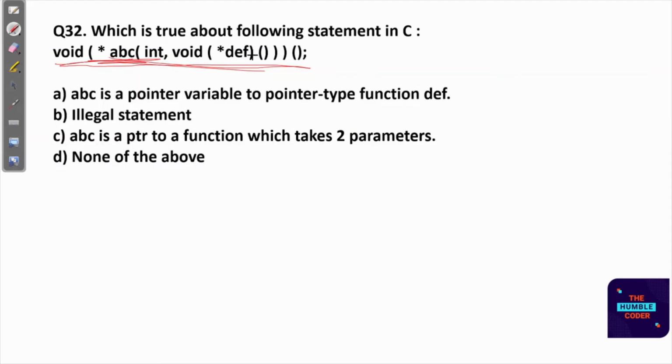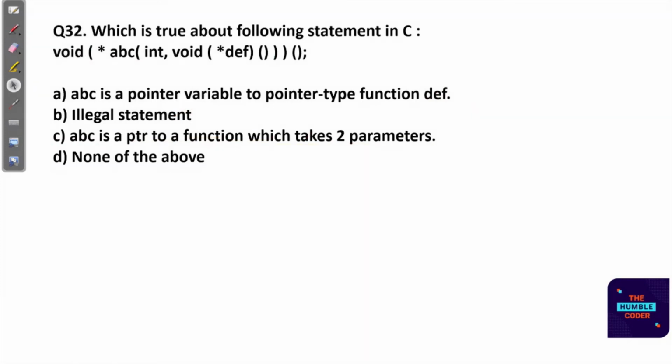So the function definition is not of pointer type. So this is not a correct option. Illegal statement. So this is again not an illegal statement. ABC is a pointer to a function which takes two parameters. So this is absolutely true, because ABC over here is a pointer to a function which is taking two parameters, that is int and void. So this is the correct one.